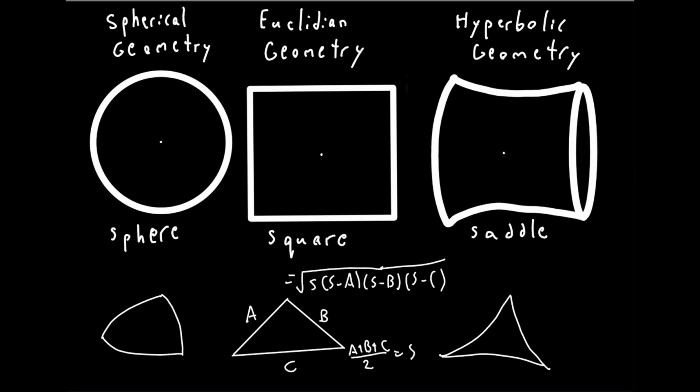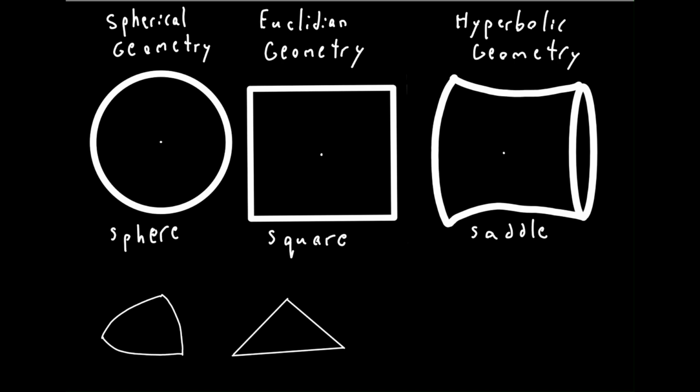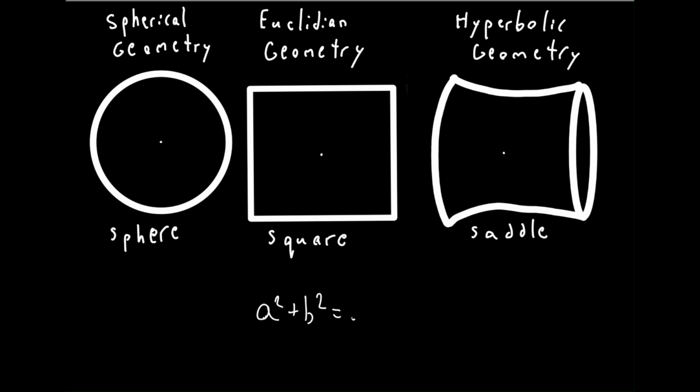That's well and dandy, but what if I didn't want to find the area of a triangle? What if I wanted to find the hypotenuse of a triangle? Well, we use the Pythagorean theorem. A squared plus b squared equals c squared.